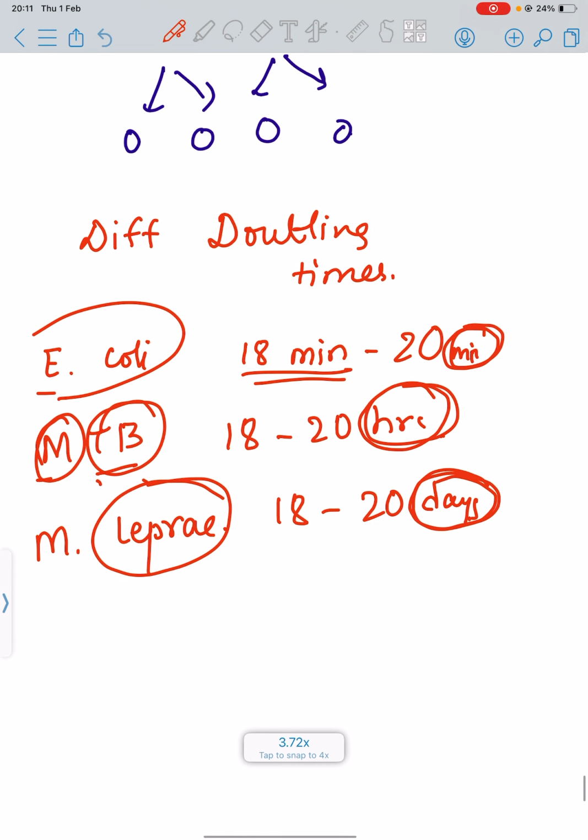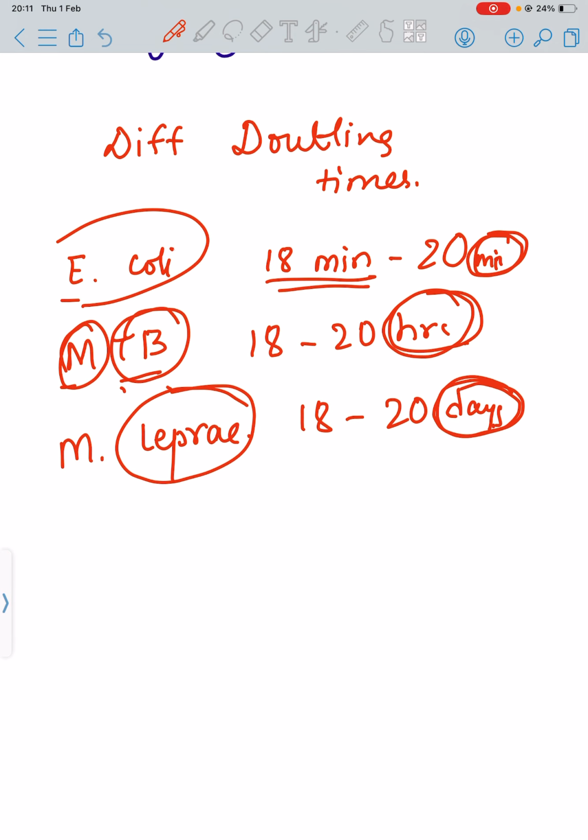Okay, so you just think and tell me, if we do any culture for Mycobacterium leprae, for example, a patient comes to you with skin problems, nerve damage or something, then you do some skin smear, and then also you decide to do culture.